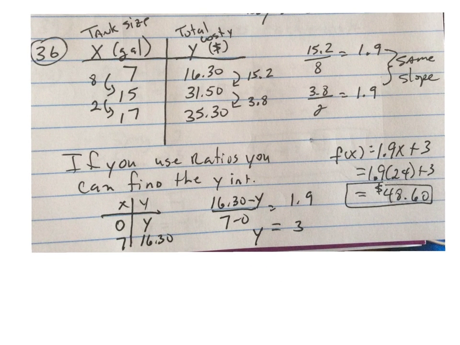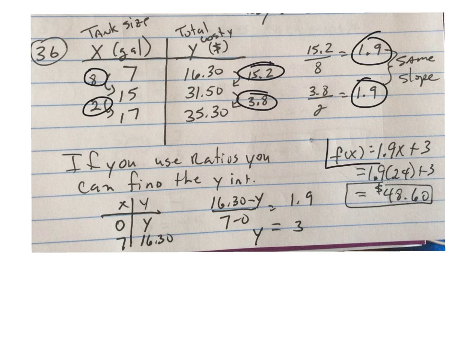Alright? Now, number 36, basically this is very much like one I had done earlier. You find the rate, which is 15.2 divided by 8, and this is 3.8 divided by 2. They both came out to a rate of 1.9, which means they have the same slope, so it's linear. Now, what I did was I created the first part of the equation. Now I have to go find the b.